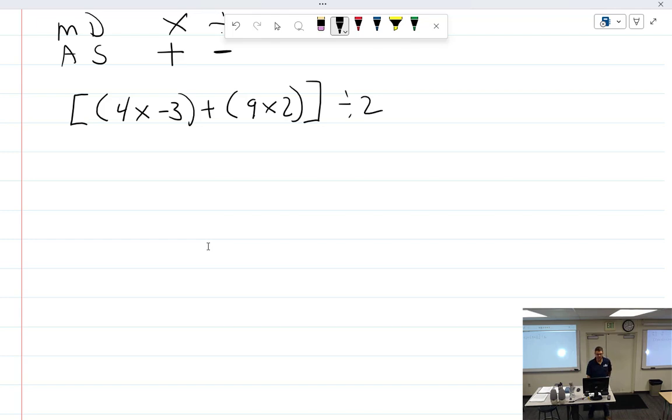So we have 4 times -3, which is -12. I'm going to keep that in the parentheses to make it easy for me. Plus 9 times 2, 18. Now we can solve the outer parentheses. -12 plus 18 is 6. Are we sure about that? Yes. So that is 6 divided by 2 equals 3.